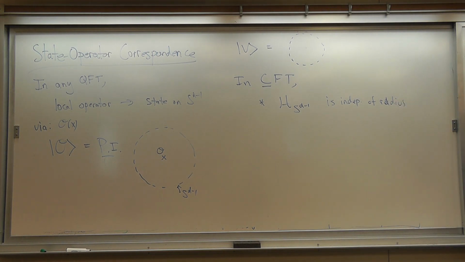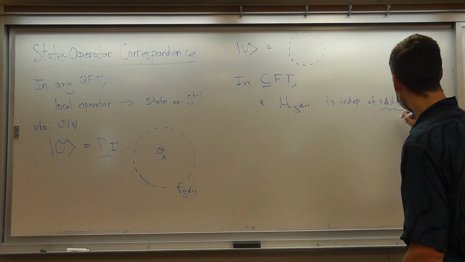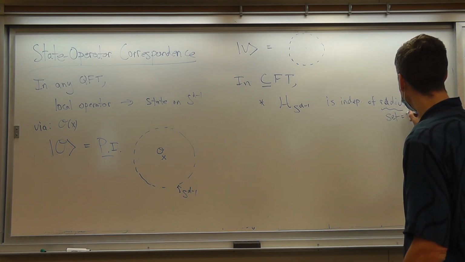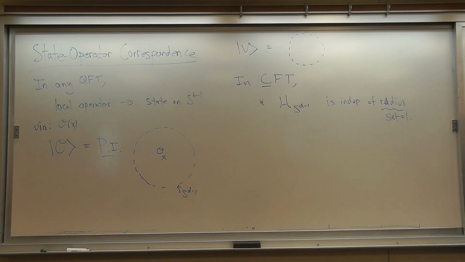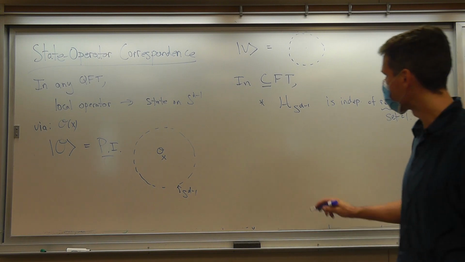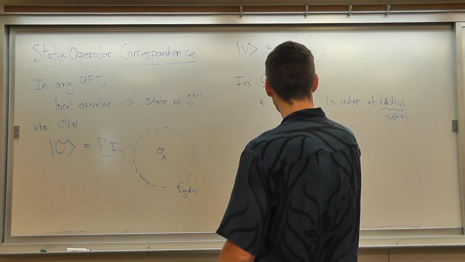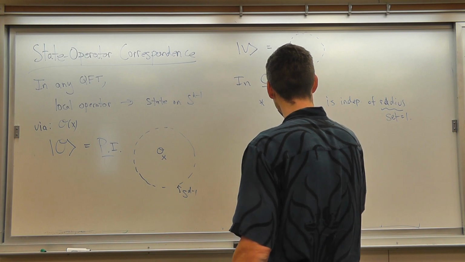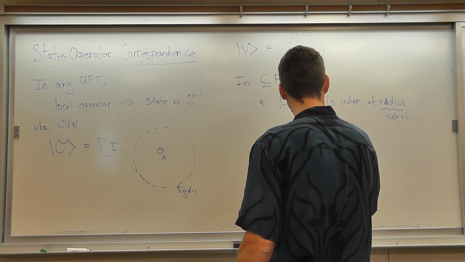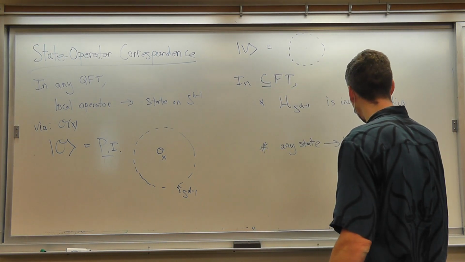It doesn't matter where we draw the ball. We can just do dilatations to get a very easy mapping to other radii of the ball. So we just set this to 1, usually. And the other nice thing that happens in CFT is that any state can be used to define a local operator.